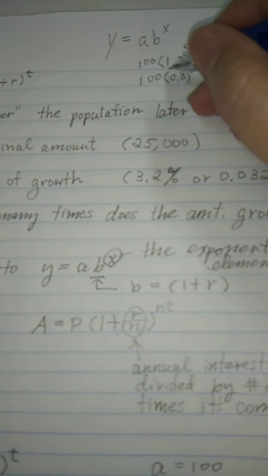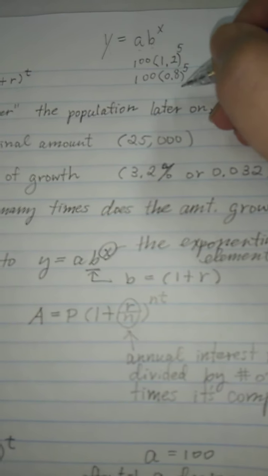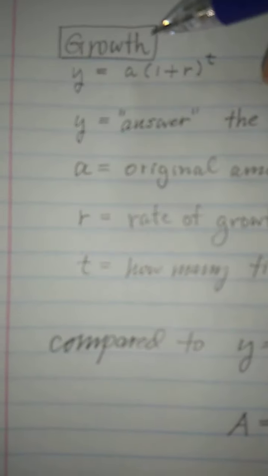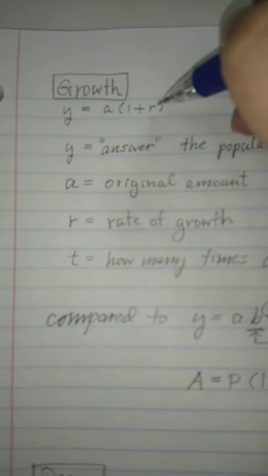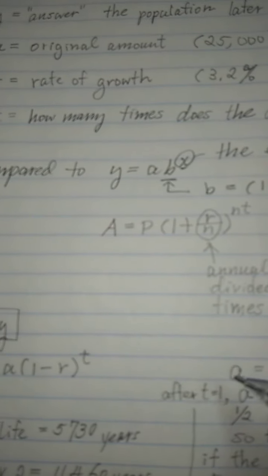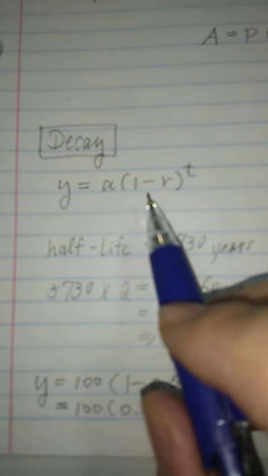So depending on this number, this b is what gives you the growth versus the decay. When they put that into a growth question, this 1 plus r part is the b. And if you're dealing with a decay question, then that b would become 1 minus r.